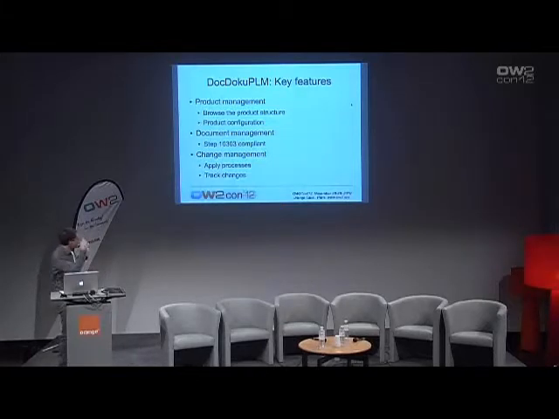After that, a big part of a PLM system is change management, because we should keep a trace of every single modification that happens on a document or on the product itself, and we also have to carefully manage changes made on the product.